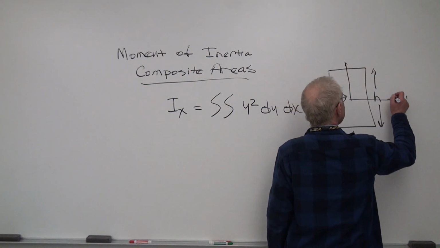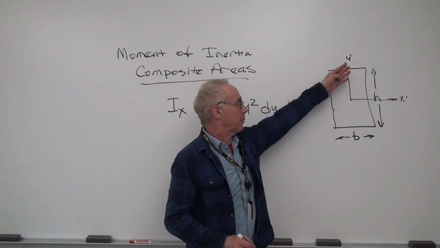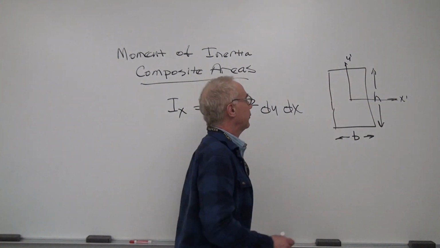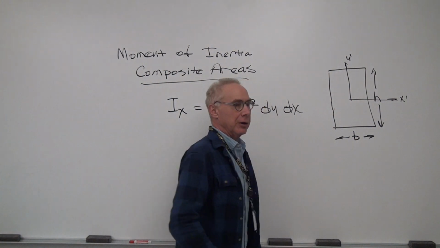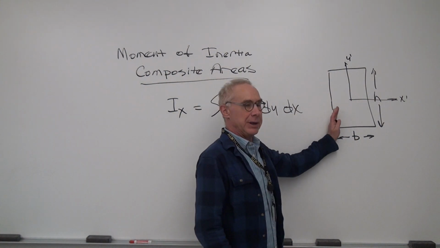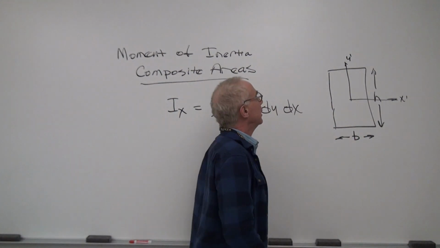So in this case, let's say we're going to call this x prime and y prime. We're defining our axes, x prime and y prime, to go through the centroid of this rectangle. And of course, we know that the centroid would be halfway up the rectangle, h over 2 from the base, and b over 2, b is the width, from the left edge.